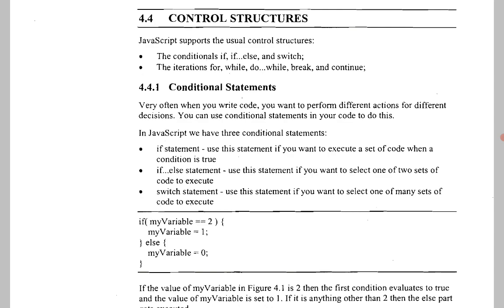What are the different types of control statements? There are basically two types: the first one is conditional statements, and the second one is iteration statements, loops or looping statements.